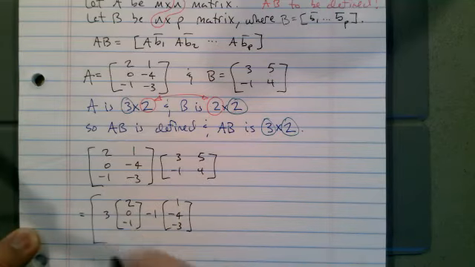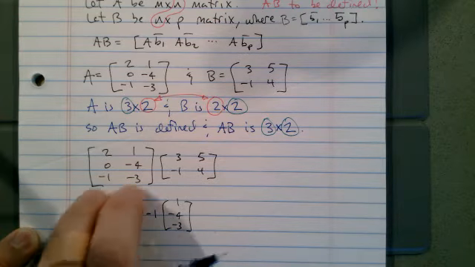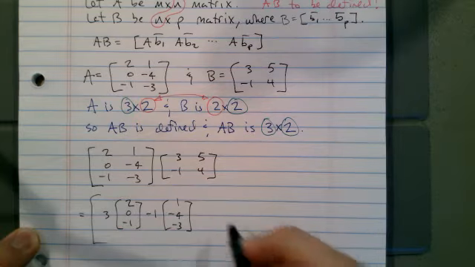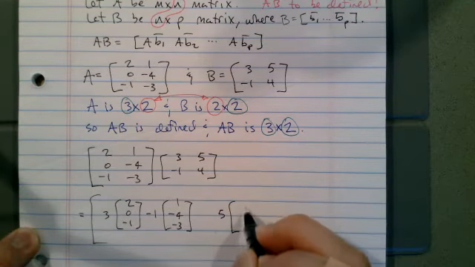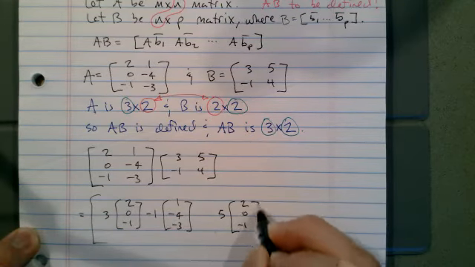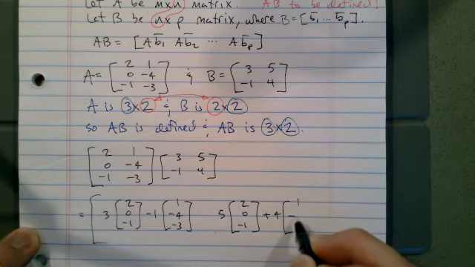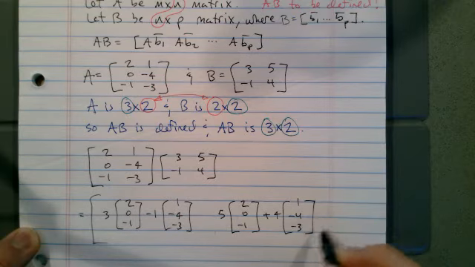That's the first column of the product. Then the second column of the product will be a linear combination of the columns of A using the second column of B as weights. So 5 times 2, 0, -1 plus 4 times 1, -4, -3.